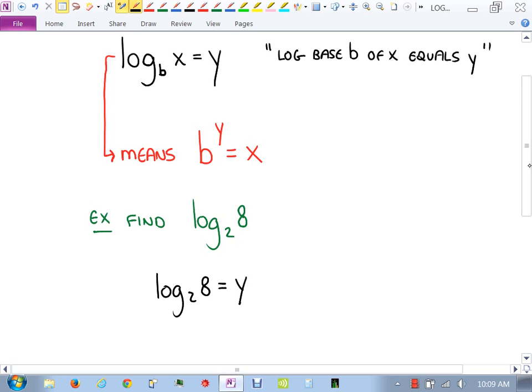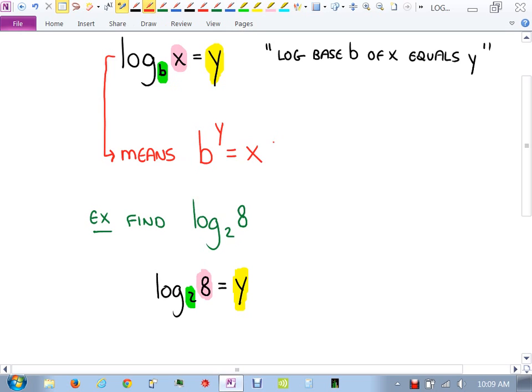Well, what does that up there in black really mean in red? B raised to the y equals x, right? So for us, what's b? B is 2. Y is y, right? And x is, for us, 8.